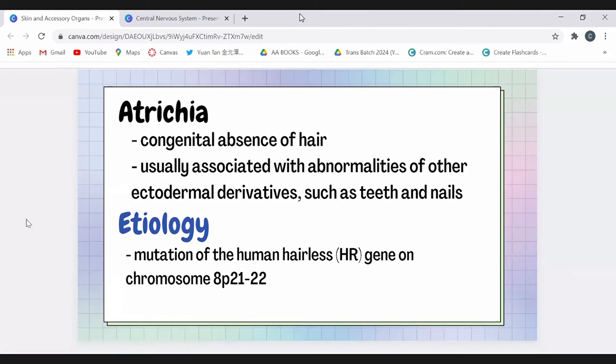So atrichia is the congenital absence of hair, usually associated with abnormalities of other ectodermal derivatives, teeth, and nails. It is caused by the mutation of the human hairless gene on chromosome 8p21 to 22. And next slide, please.